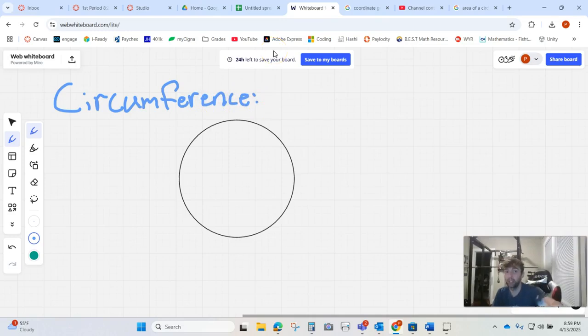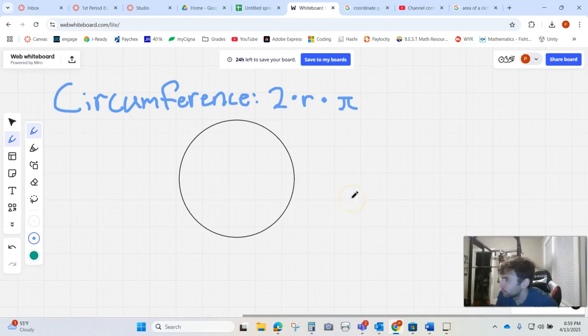Drop it in the chat. Yes, to find the circumference of a circle, you multiply the radius by 2, and then you multiply it by pi, or 3.14. That's how you find the circumference.